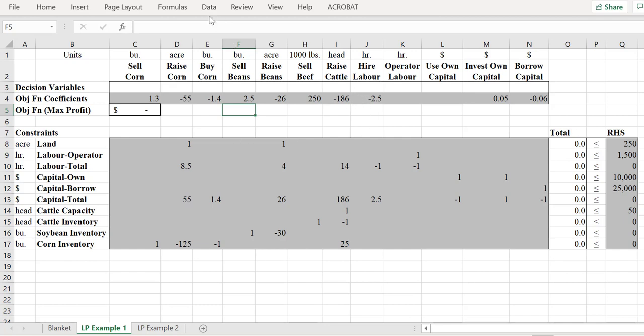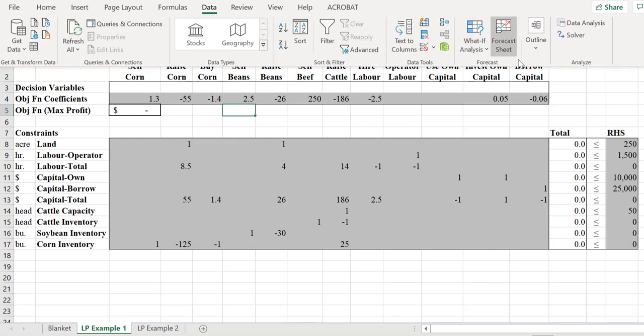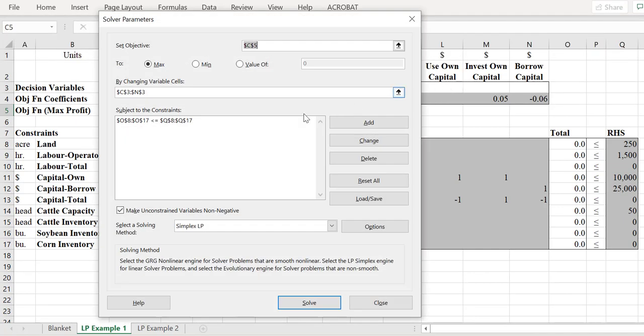We can go to Data and then Solver, and here everything has already been set up. This C5, we want to maximize it, and C2 and C3 are the decision variables, and there are constraints here. All of the constraints have already been set up so that they're all less than or equal to, so you only need one here to represent all of those constraints. And make sure all of the decision variables are non-negative.